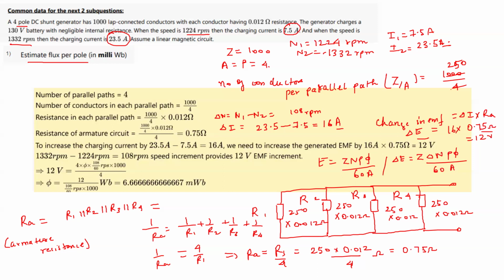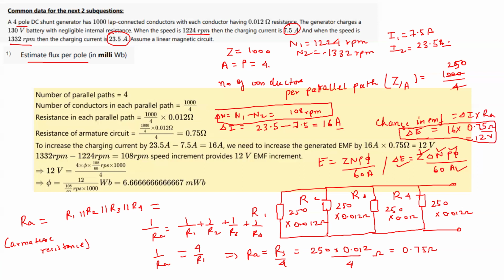Here we have the number of conductors, and delta N is 108 RPM. Delta E we have calculated. So we have delta N, the number of conductors, the number of poles, and we know the number of parallel paths for the lap connected winding. All of this information is known, so we can find out phi.